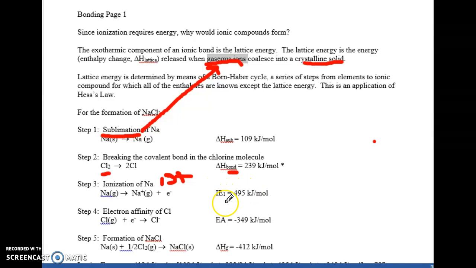And so ionization 1 is the notation here. The electron affinity of chlorine, so chlorine's going to attract that electron to itself. Notice that's also negative. And then the formation of NaCl. So remember, heat of formations are the element in their normal state, half of Cl2 to get your NaCl.